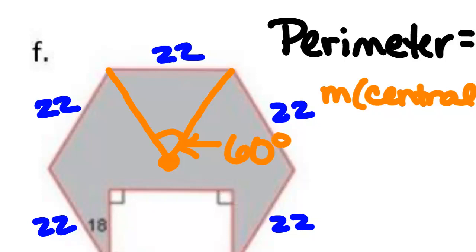And now we're going to draw in the apothem, the thing that we really want to find here. So the apothem goes from the center to the side, and it makes a right angle where it hits the side. So we are going to find, using this right triangle right here, the apothem of this hexagon.